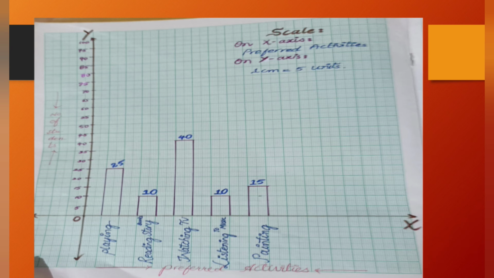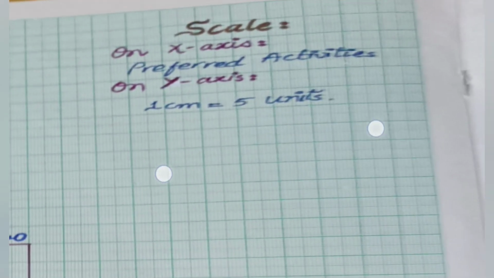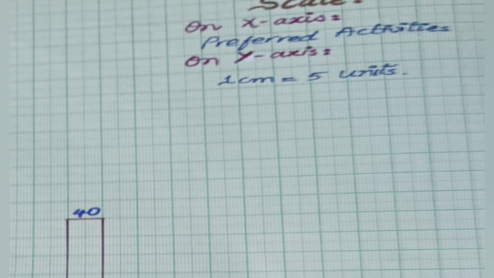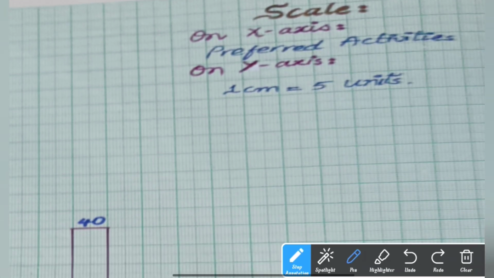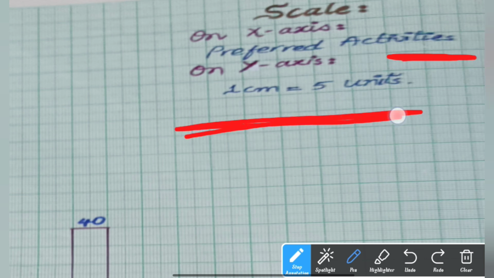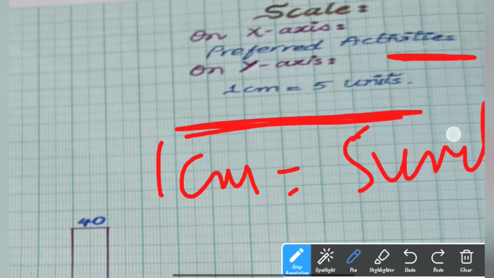The last touch for our bar graph construction is assigning the scale. How to assign the scale? On the x-axis, preferred activities were there. On the y-axis, we have taken 1 centimeter as 5 units. How are you getting 5 units?